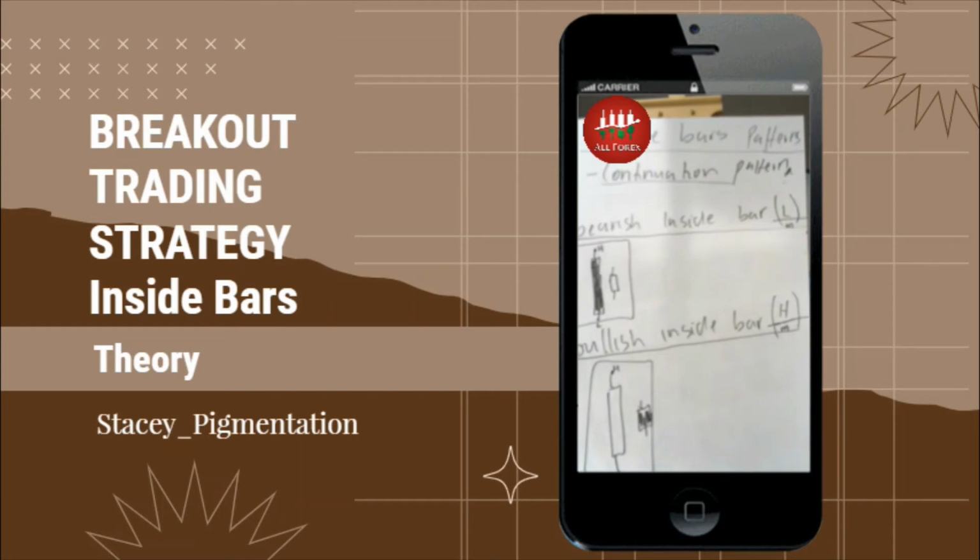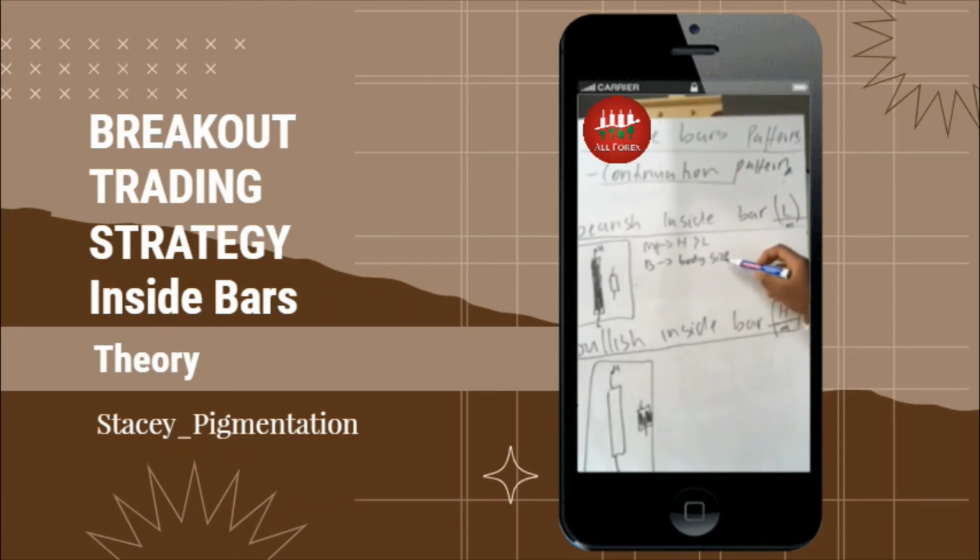So for me to qualify that this is an inside bar pattern, I check the mother bar. I'll just use M. On the mother bar, I check the high and low distance. And on the baby bar, I check the body size.